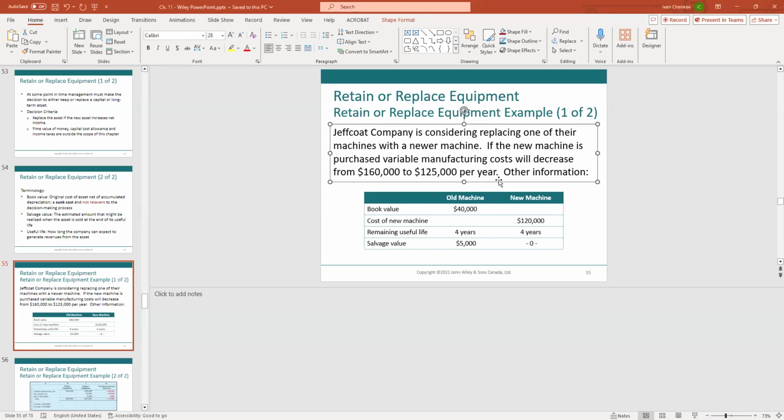If the new machine is purchased, variable cost will decrease from 160 to 125. So we're going to generate savings in the cost. The other information is, I'm going to flip it to the Excel spreadsheet and we can start working with that one.